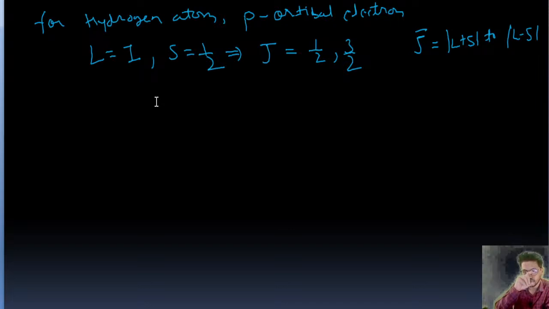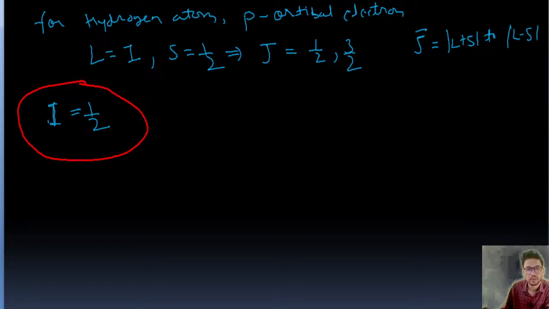You need to note down, the I value is 1 by 2 for nuclear spin. I equals 1 by 2.